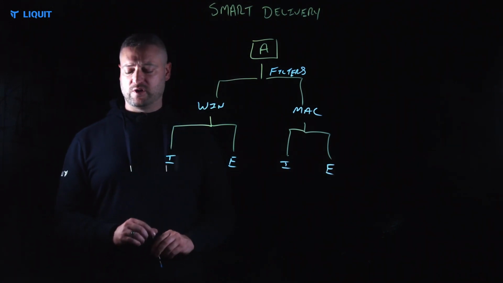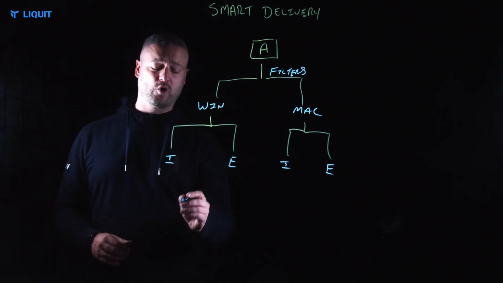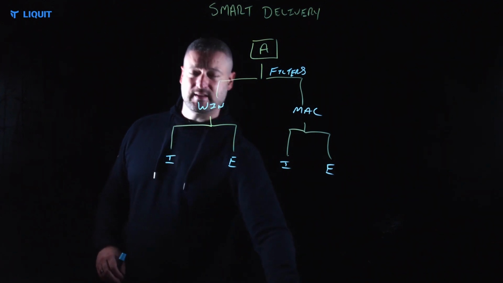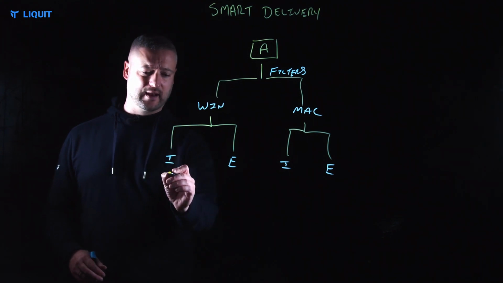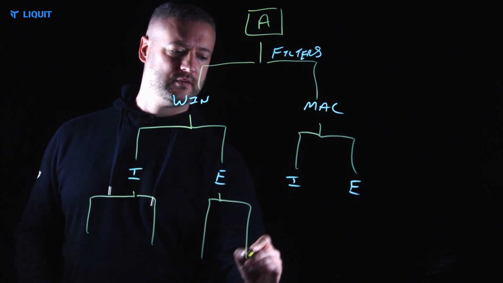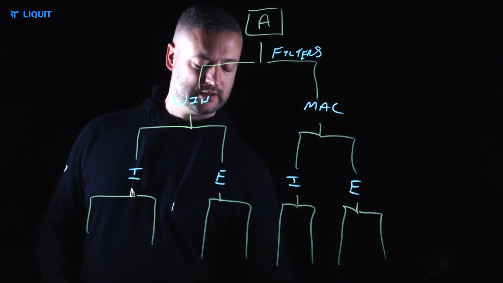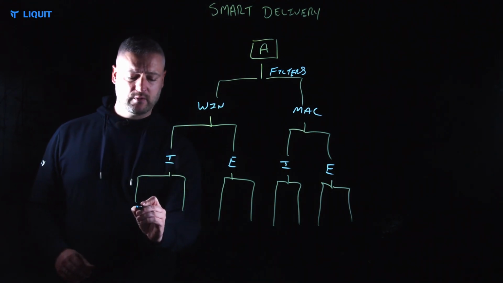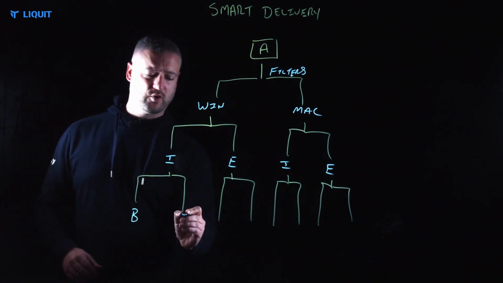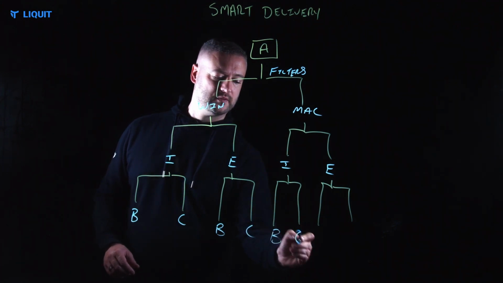And let's say some of those users potentially are going to be on BYO devices and some are going to be on corporately owned devices. So let's add this particular decision tree in. So in here we'll have BYO and we'll have corporate.